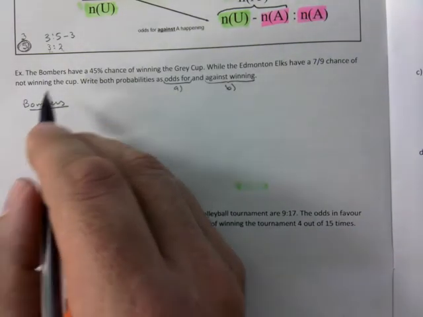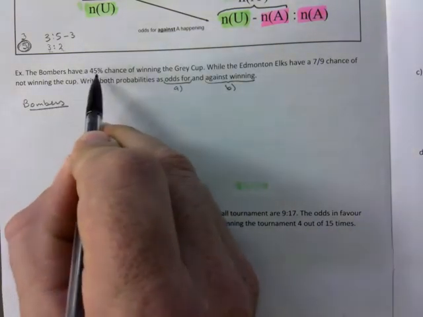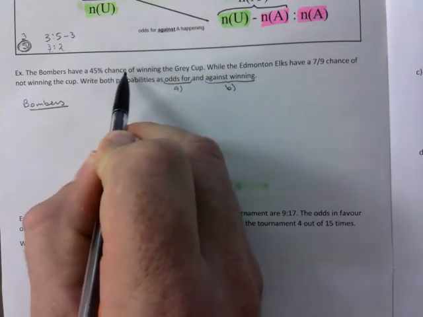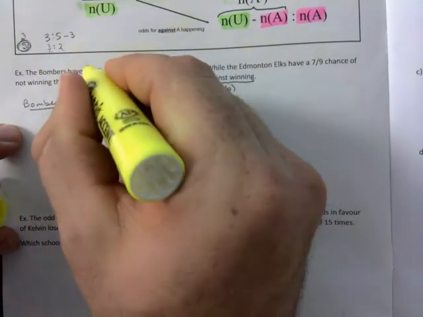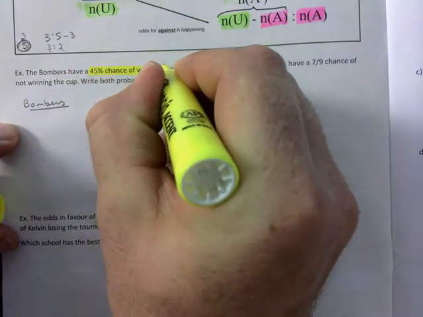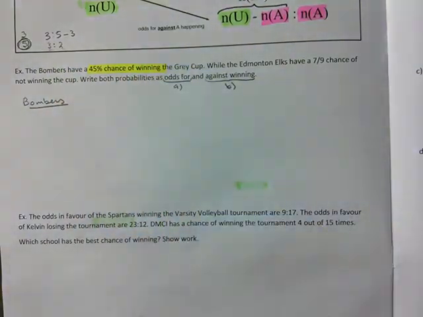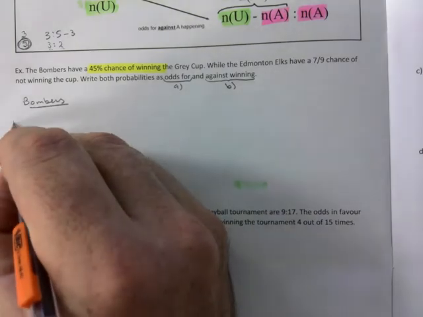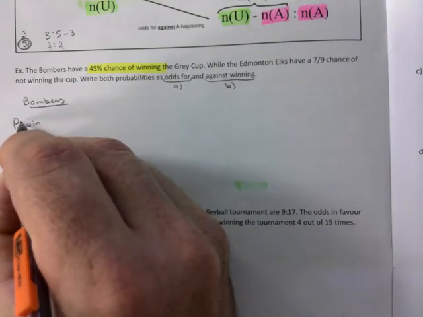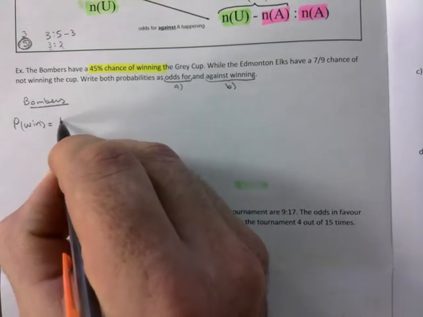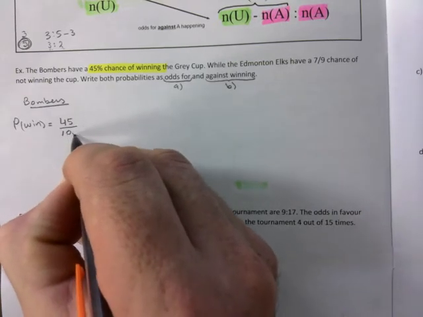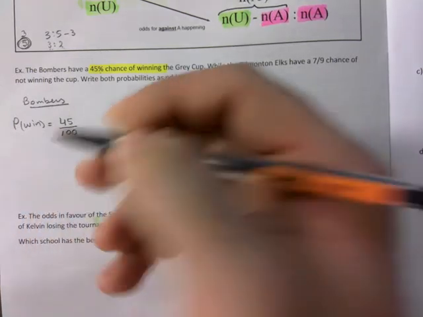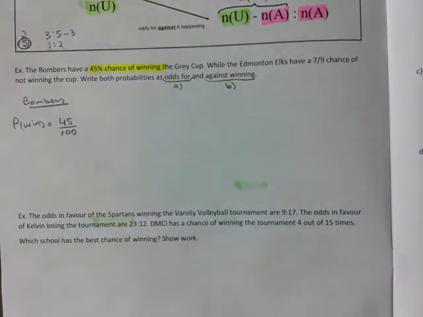So based on the way you read it, Bombers have a 45% chance of winning. I'm going to highlight that because it's important. Chance of winning. Okay, so that's telling you that the probability of winning is 45%, right? Can we say 45 over 100? I think you should be okay with that, right? 45%. I'm going to write it as a fraction right away. Why would you do that, Mr. Dixon?